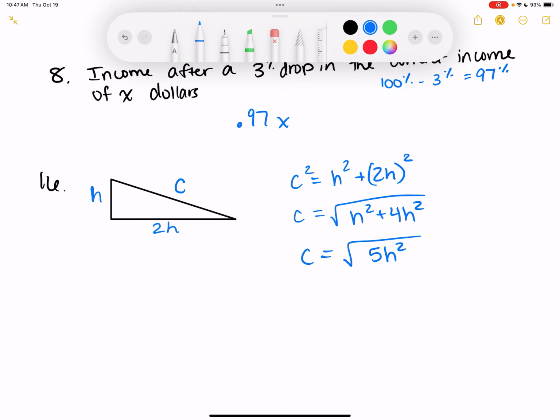Is that what you mean, get rid of the square? Kind of. We're going to take out the h. So it's going to be C is equal to h square root of 5. And so that would be what relates the length of the legs to the hypotenuse.